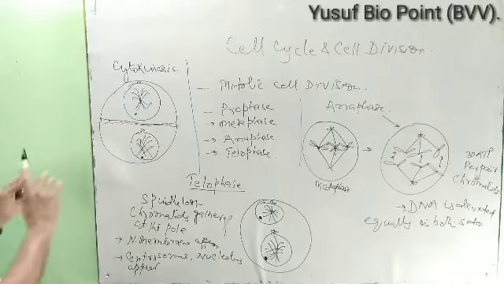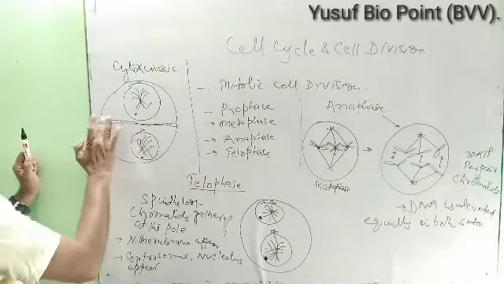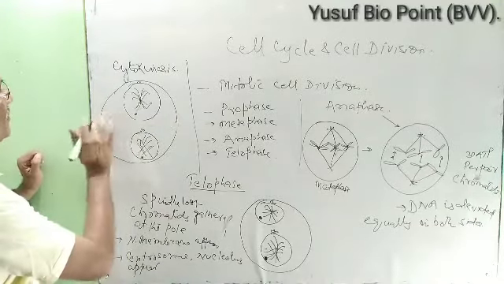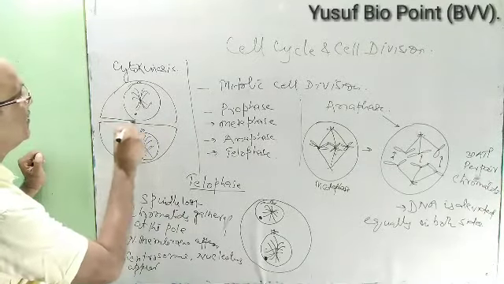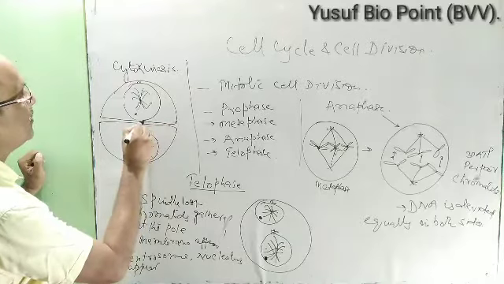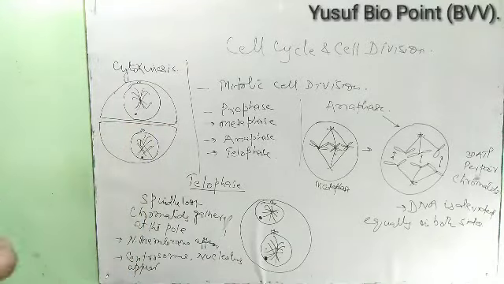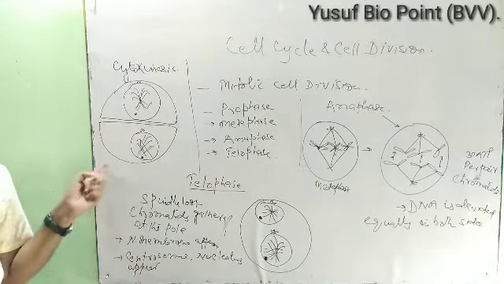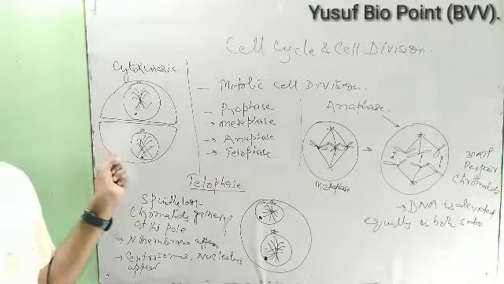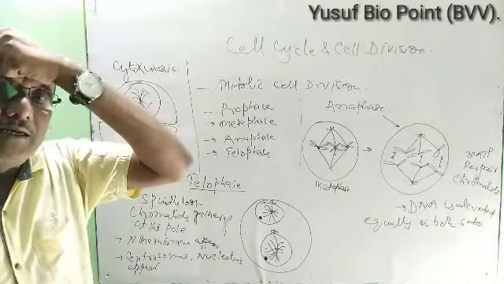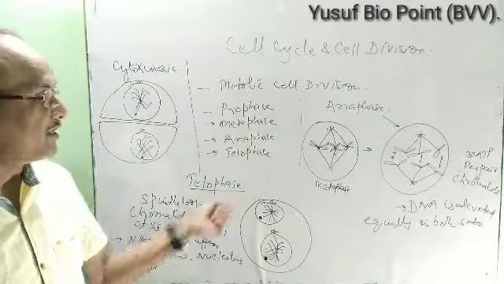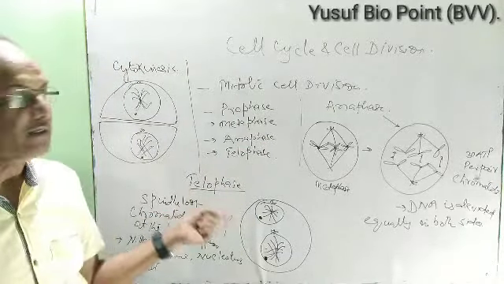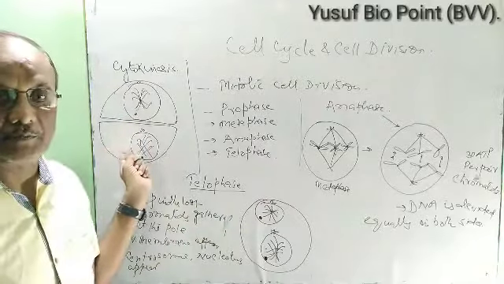And finally two different cells, two daughter cells, are formed. So after the karyokinesis, after the division of the nucleus, the cytokinesis takes place.